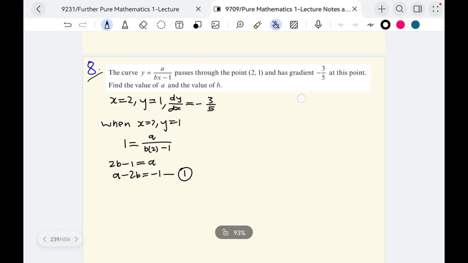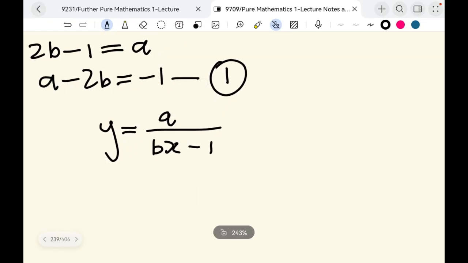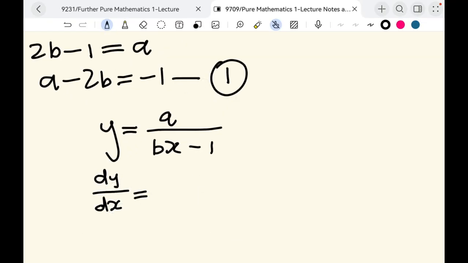And what's next? Now we are considering its derivative, the gradient of the tangent, the gradient of the curve. So take the differentiation once. dy/dx, which you will get, what is this? This is negative 1, right? So put negative. And what about the derivative of the below function? It's b.